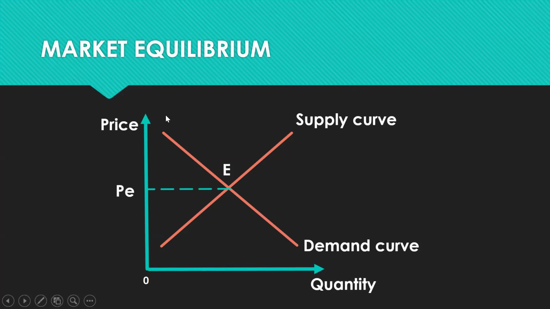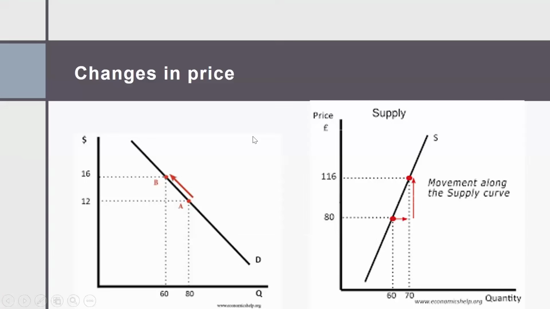This is our equilibrium price, and that will be our equilibrium quantity. So, this is something I always threaten my class with, right?